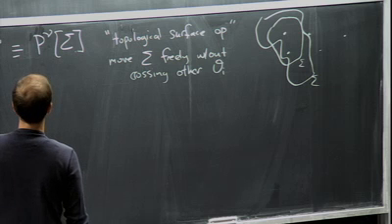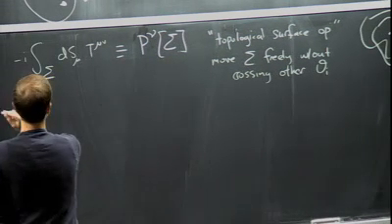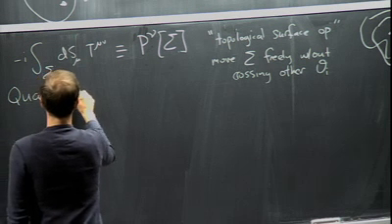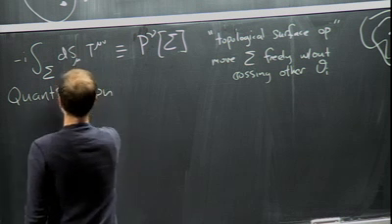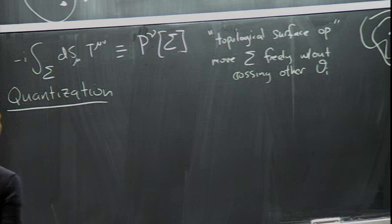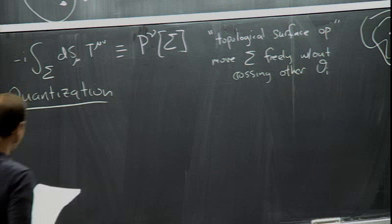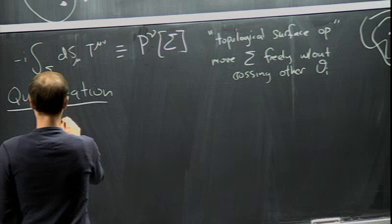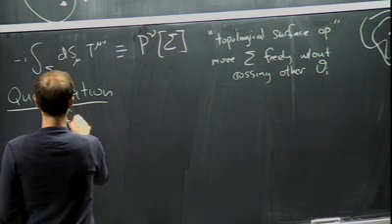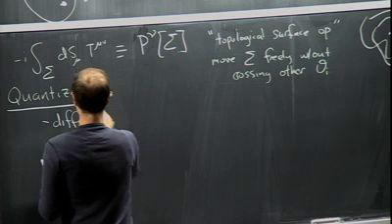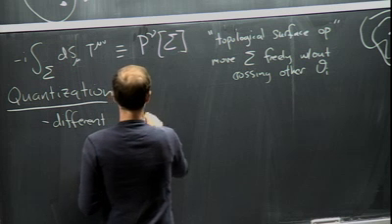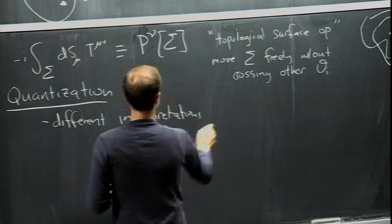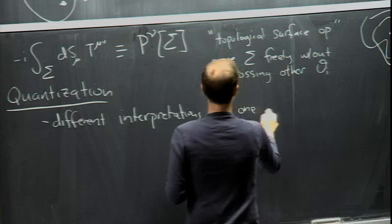So let's interpret this in terms of quantum mechanics. This leads me to the notion of quantizing a theory. The idea is that different quantizations give different interpretations of one path integral.